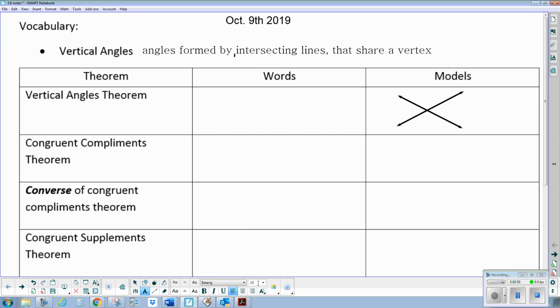Okay, where angle 1 and angle 2 are vertical angles. Okay, so here's their shared vertex. The angles are formed by the two lines that intersect. And we have a theorem that goes along with the vertical angles, and it's that vertical angles are congruent.